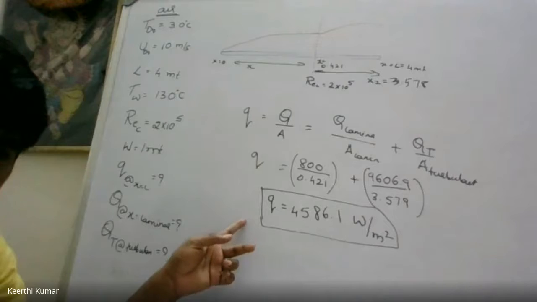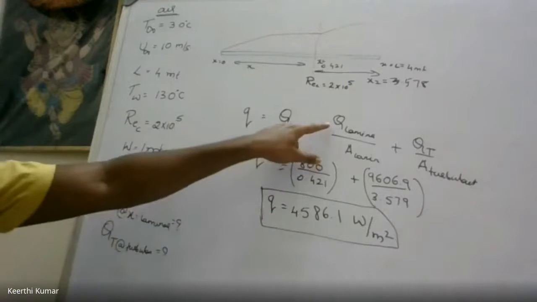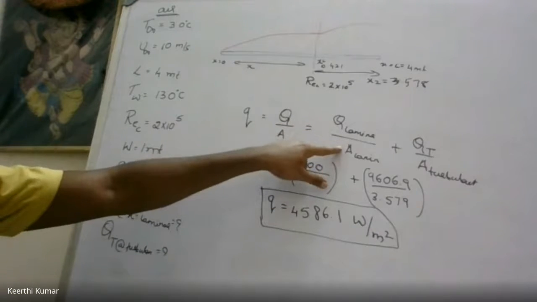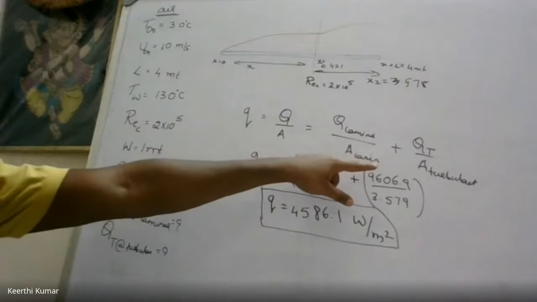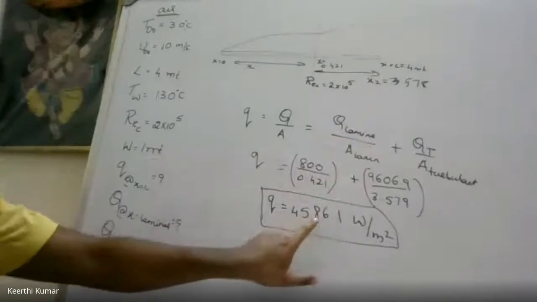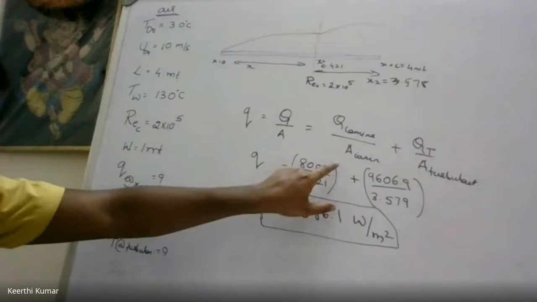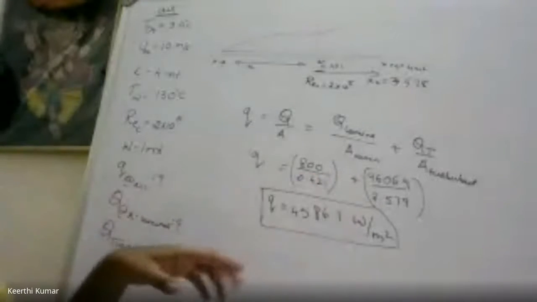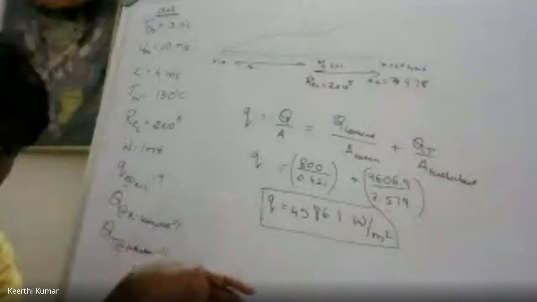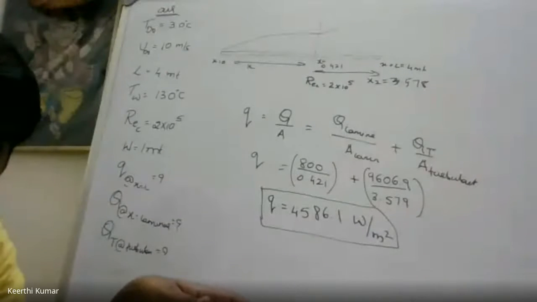Yes sir, there is no change in the heat flux, I guess. There is no change in the heat flux because Q is also doubled and area is also doubled. The ratio will be the same, so the value of heat flux will remain the same. Only the values of Q and A will be different if the air is blowing on both the sides.